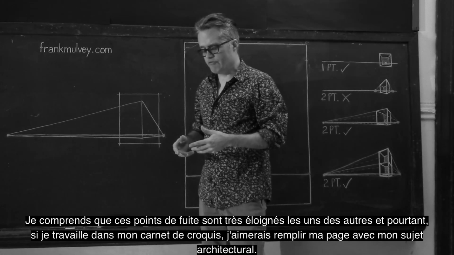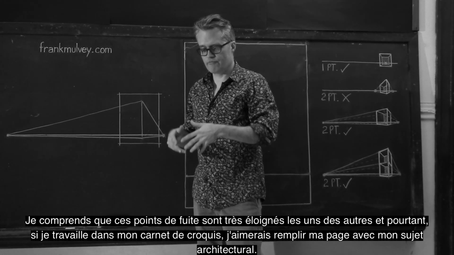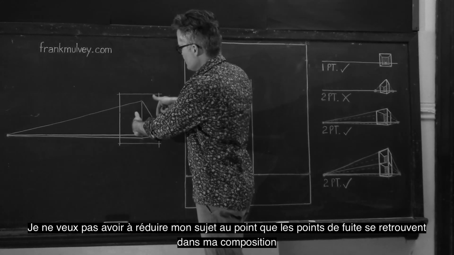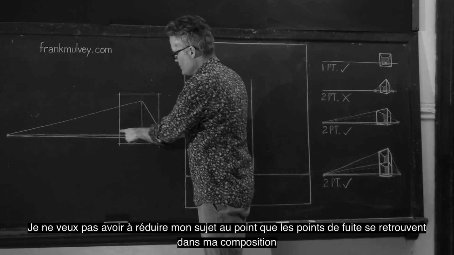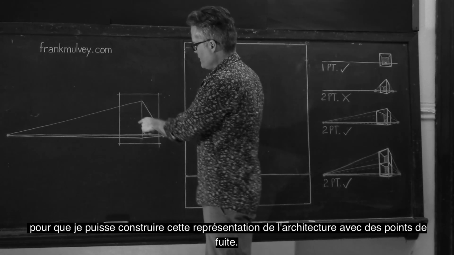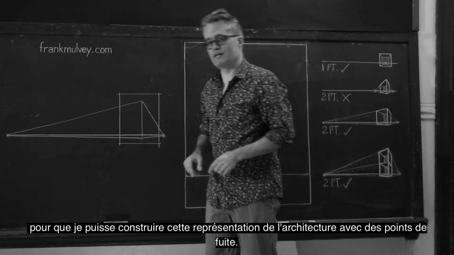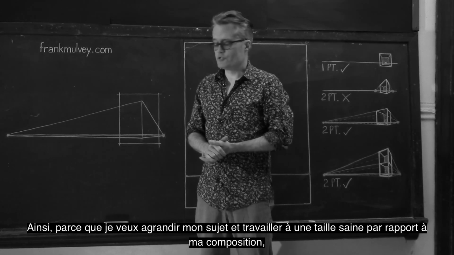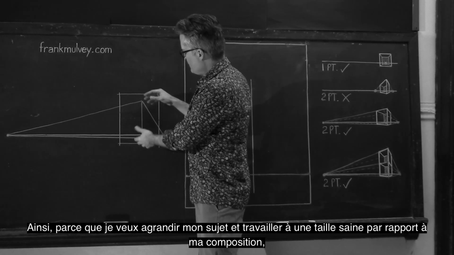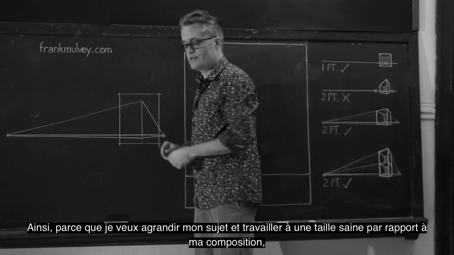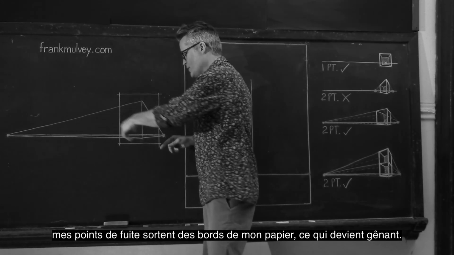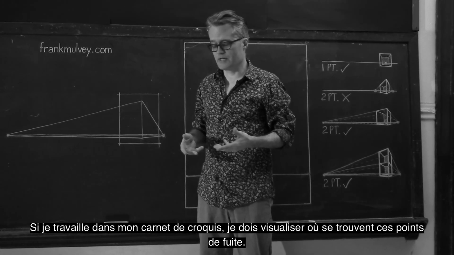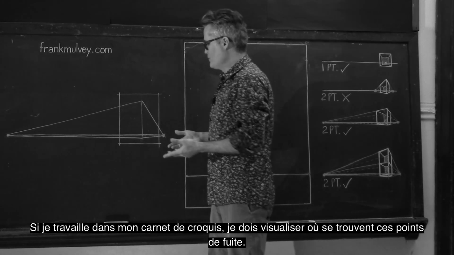And yet, if I'm working in my sketchbook, I'd like to fill my page with my architectural subject matter. I don't want to have to shrink my subject so small that the vanishing points end up in my composition so that I could construct this representation of architecture with vanishing points. So because I want to blow up my subject matter and work at a healthy size relative to my composition, my vanishing points go off the edges of my paper and it becomes inconvenient because if I'm working in my sketchbook, I'd have to visualize where those vanishing points are.